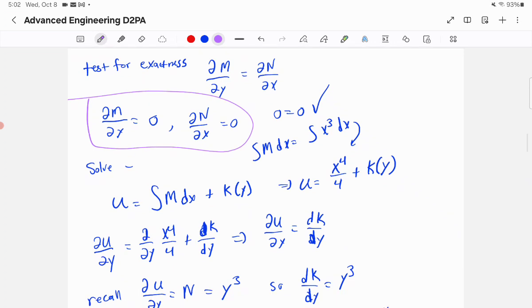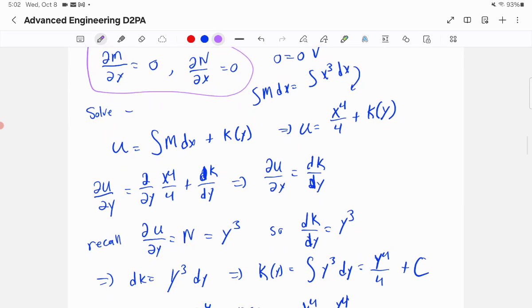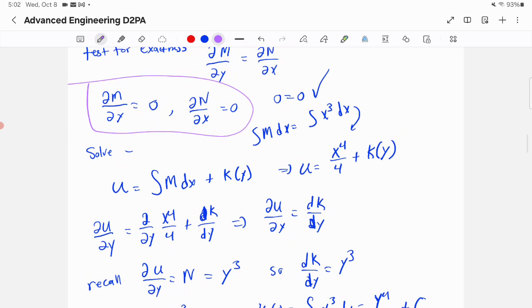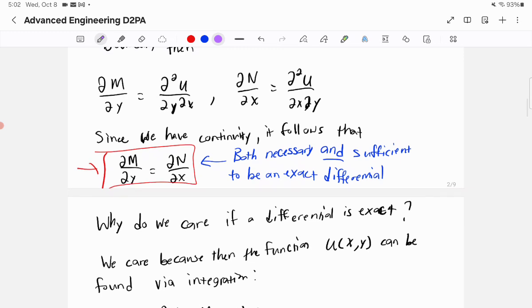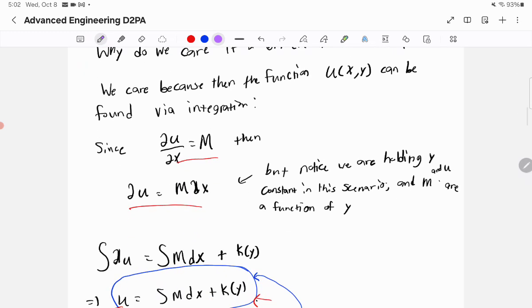So now we can actually solve. We can get the implicit equation for u, the function u. So remember that what we did up here was we said, okay, well, we know that du dx must be m.